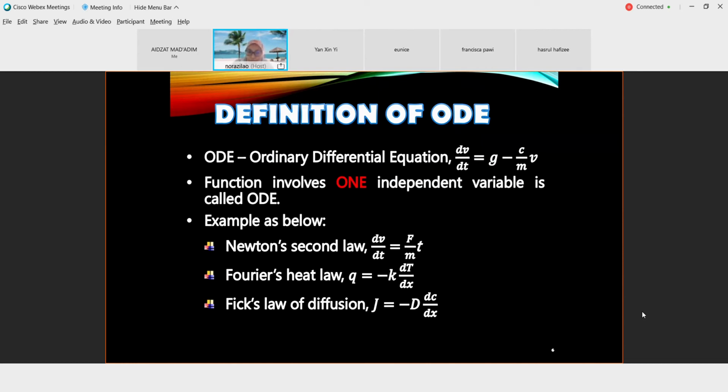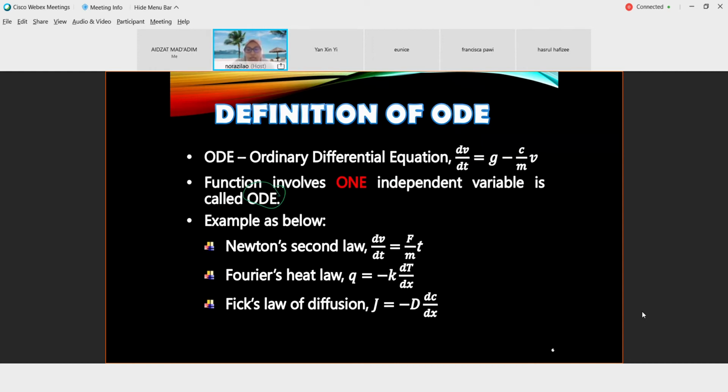When someone asks you what is ODE, ODE is ordinary differential equation. The function for IVP only involves one independent variable. When it involves one independent variable, we call it ODE. When it involves more than one independent variable, we call it PDE. We do not touch PDE yet, this is only ODE.